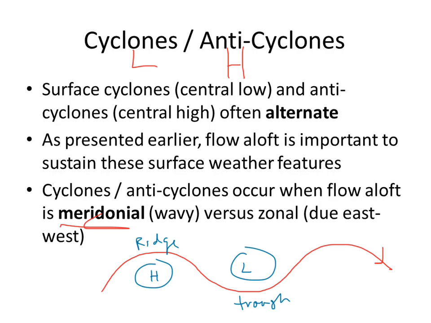So if this whole thing is, and I feel like it might be right now for us here in the Midwest, if this whole thing is kind of moving like it should, you should get alternating cyclone, anticyclone, cyclone, anticyclone. And one of the things I told you, with highs, generally speaking, these are usually clear skies, and lows are cloudy. I haven't looked recently, but I'm kind of thinking we're getting that alternating pattern.